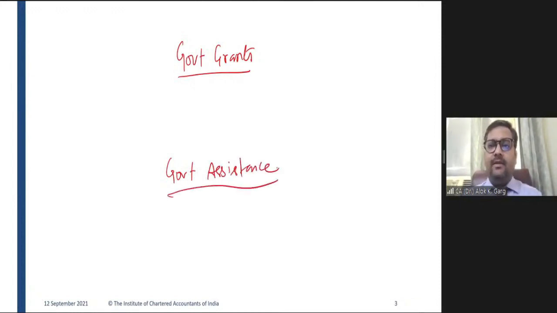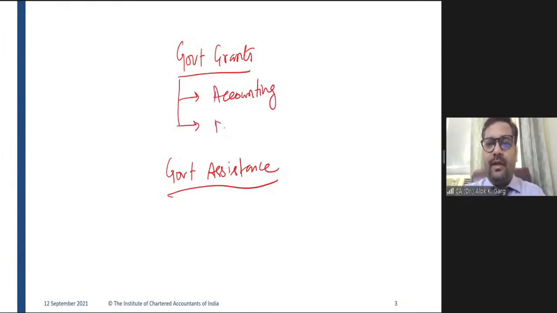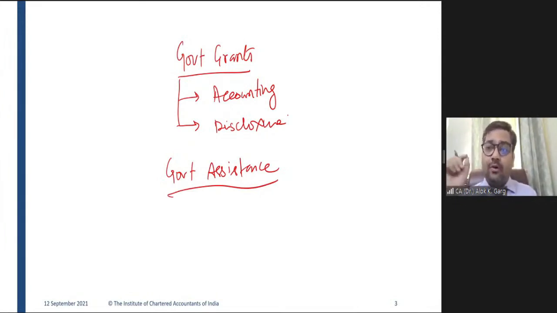When I say government grant, this standard is talking about accounting for government grants as well as disclosure of government grants, meaning if a government is providing to an entity an asset free of cost or an asset at a concessional rate, in that case it is a government grant, and this standard talks about how this grant is going to be recognized in the books of accounts, how it is going to be measured, and what will be the relevant disclosures. But when I say government assistance, okay, grant is also assistance.